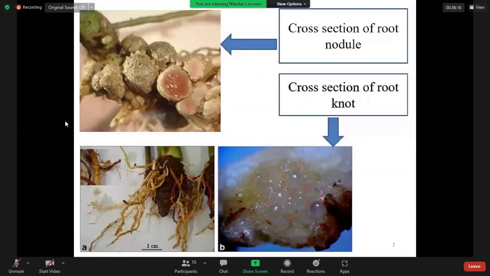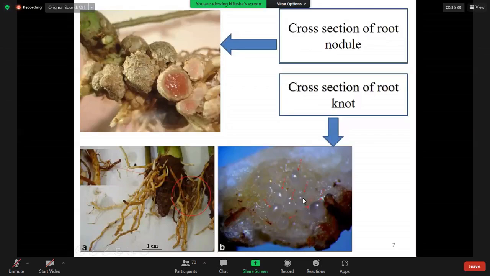I already discussed the knot. In this picture, you can see a cross section of the root nodule. I told you inside the root nodule is a pinkish color. See the cross section of the root knot, inside it is whitish color. Here you can see a whitish, bubble-like structure.